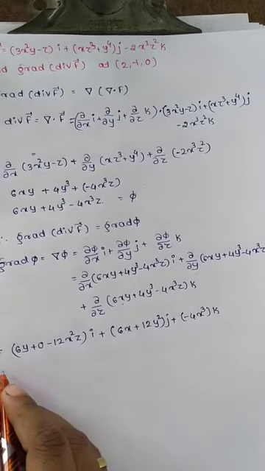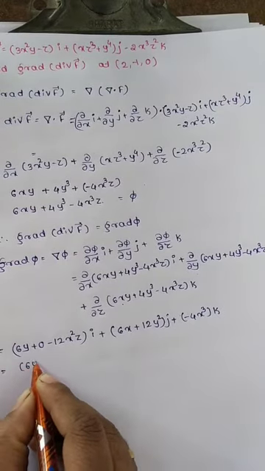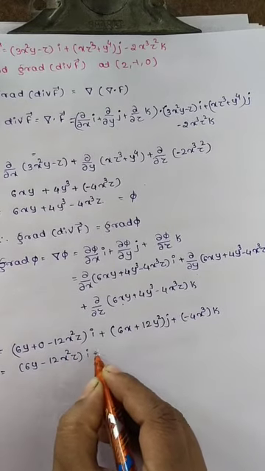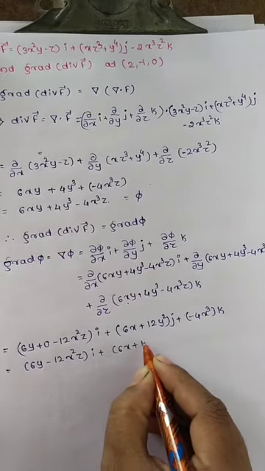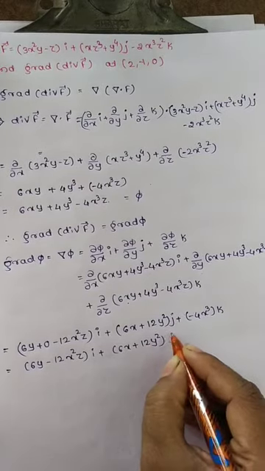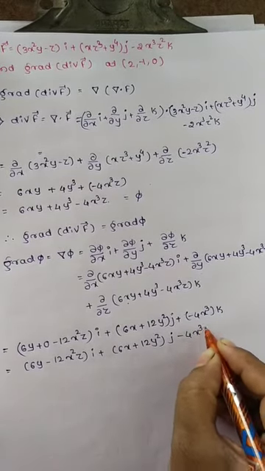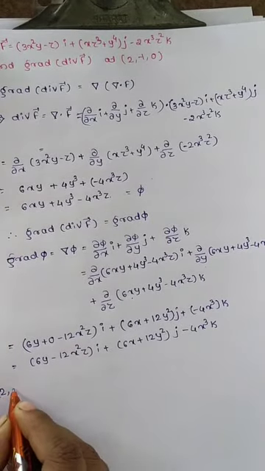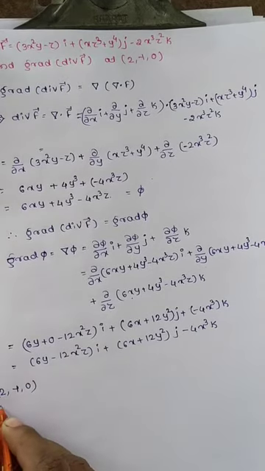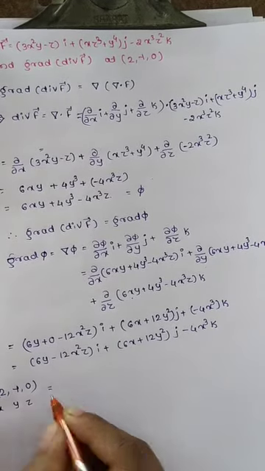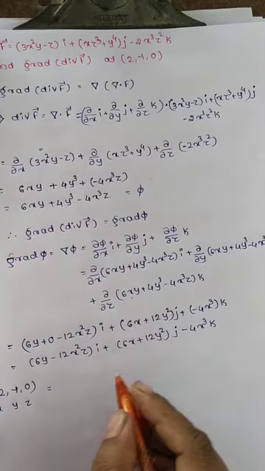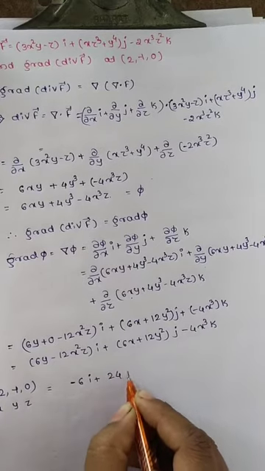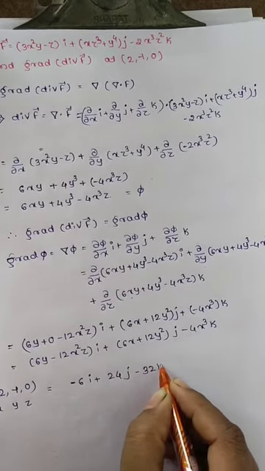Now we have to write this as (6y − 12x²z) i plus (6x + 12y²) j minus 4x³ k. After getting this, we have to substitute the values of x, y, z as 2, −1, 0. Substituting here, this becomes 6i plus 24j minus 32k.